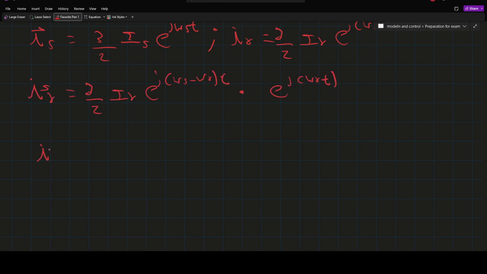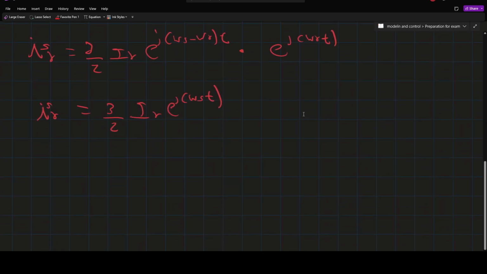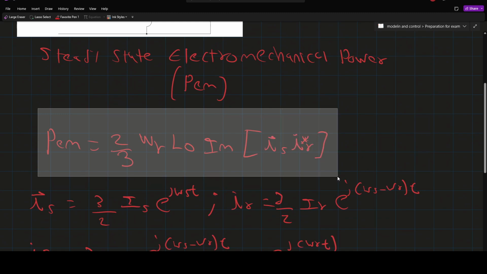So we got isr equals 3/2 ir e to the j omega st. Here in the equation we have isr conjugated, so our isr conjugated will be 3/2 of ir conjugated, and we also change the sign of this angle, omega st. Okay, so now we can plug this in our equation.